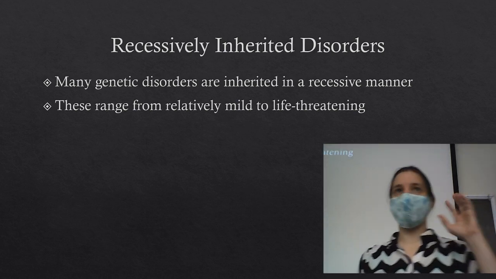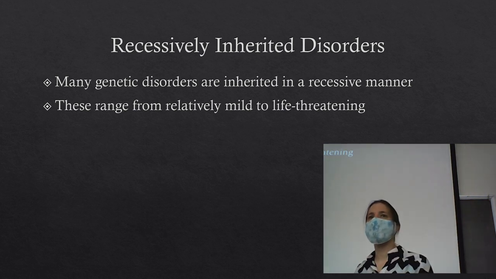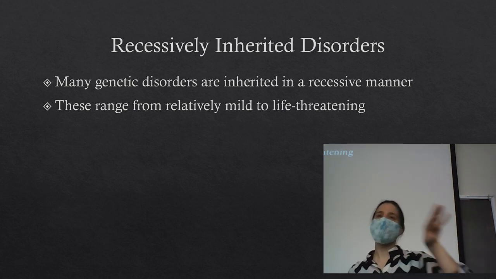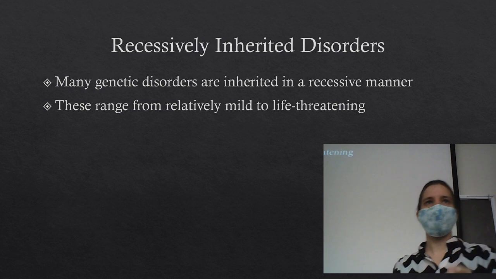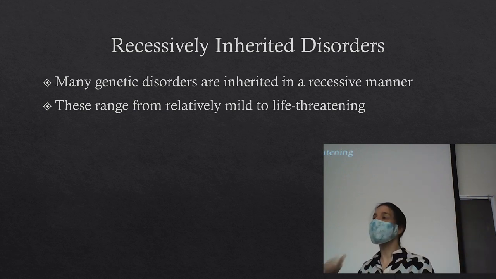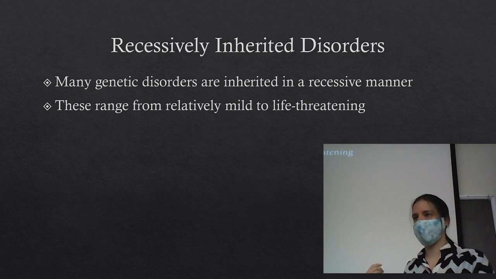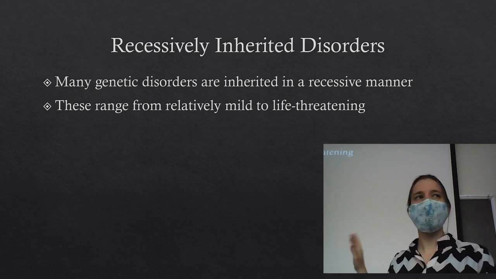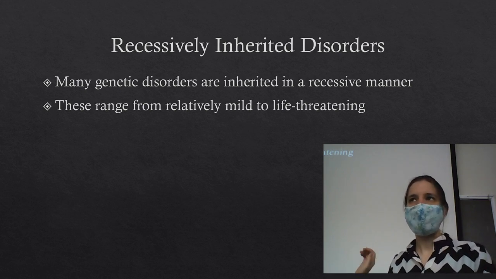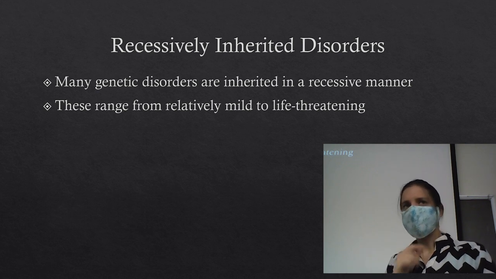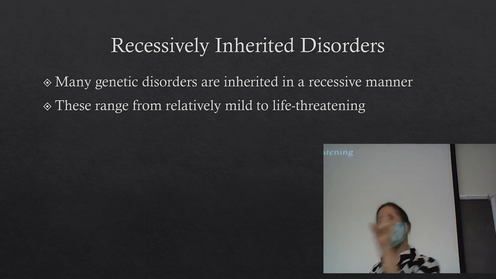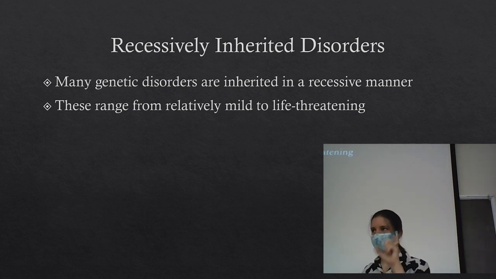When we talk about disorders, there are dominant alleles and recessive alleles. Neither are necessarily good or bad, but there are a lot of recessively inherited disorders. Before we talk about why, can we take a moment to think, what happens if you have a dominant allele that is lethal by age 5?